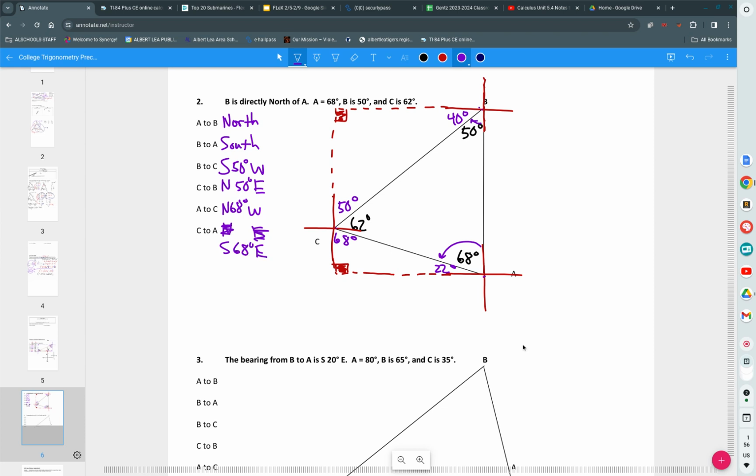I got C to B was north 50 degrees east, and C to A was south 68 degrees east. You good with that? Okay, let's do the numerical bearing then.